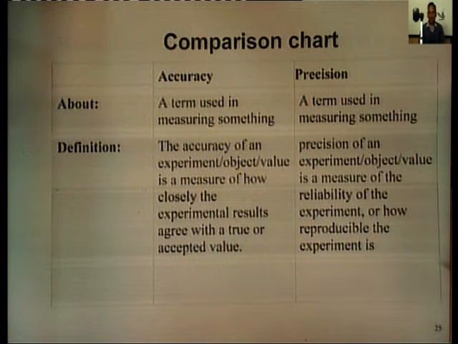The definition of precision: the precision of an experiment is a measure of the reliability of the experiment, or how reproducible the experiment is.